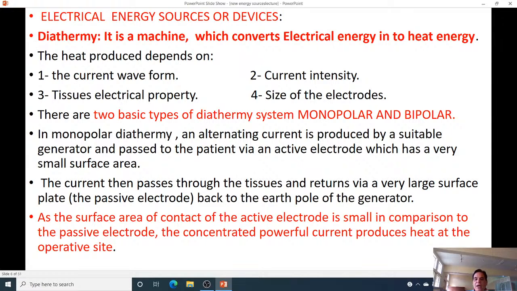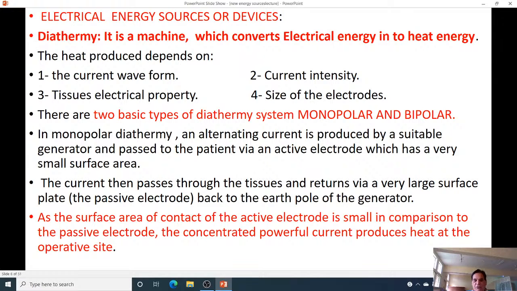In monopolar, alternating current is produced by a generator and passed via an electrode to a very small surface area. This is important, I will discuss it in detail. The current then passes through the tissue, entering from a small area and going to a passive electrode, because all the electricity has to go to earth, and that is the return pad.